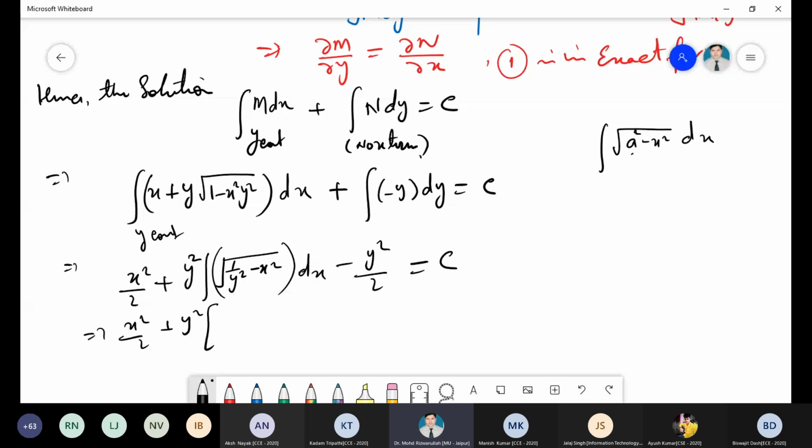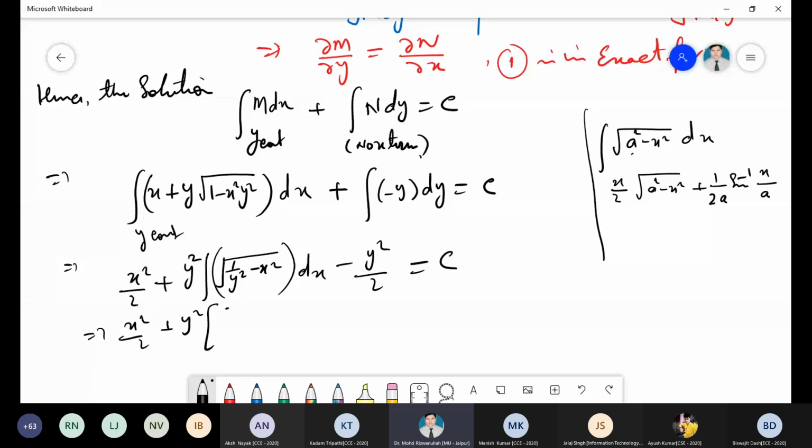So this is x by 2 square root of a square minus x square plus a square by 2 and then sin inverse x by a. Yes, this is the formula. When you go for that, you take the formula.